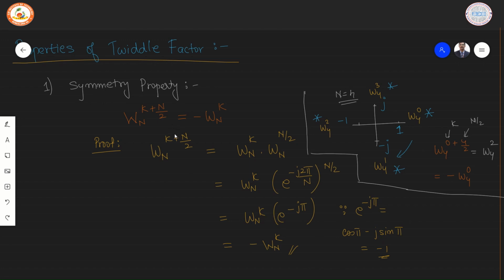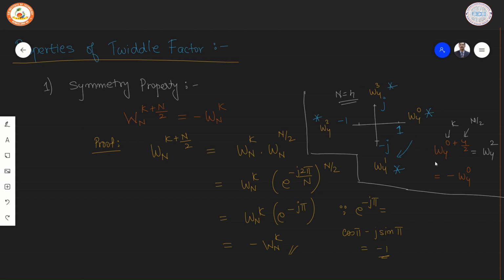This property can be easily tested. For example, if we consider N equal to 4, on the complex plane we know that there will be 4 points. The 4 points correspond to W4 to the power of 0, W4 to the power of 1, W4 to the power of 2 and W4 to the power of 3. We travel in the clockwise direction if it's a DFT.